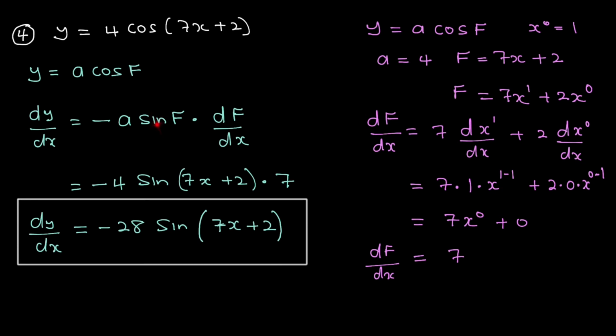That will give us minus sine f, and times the df/dx. The df/dx is 7. So that's 7 times that. 7 times 4 is 28. That's minus 28 sine, open bracket, 7x plus 2, close bracket. So that's the derivative of that function.